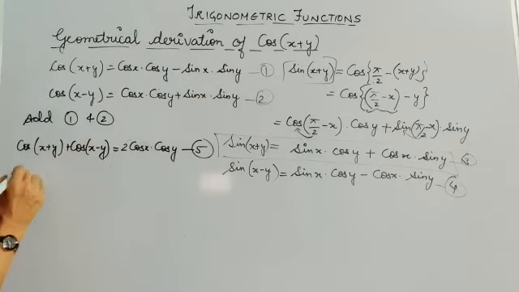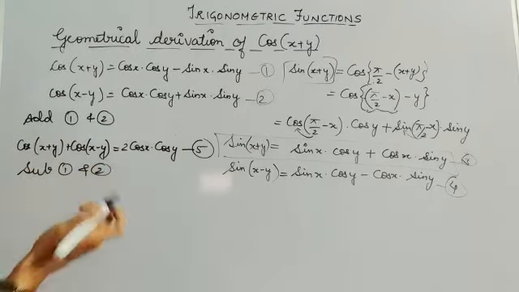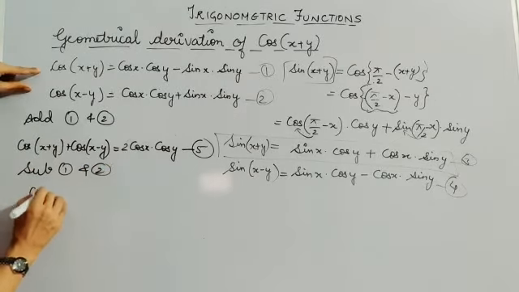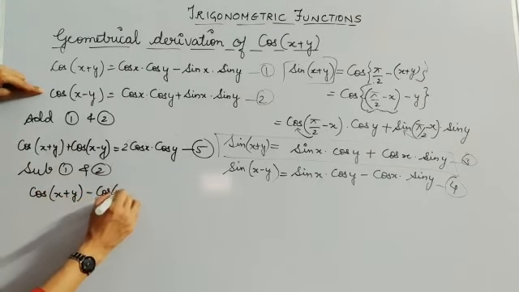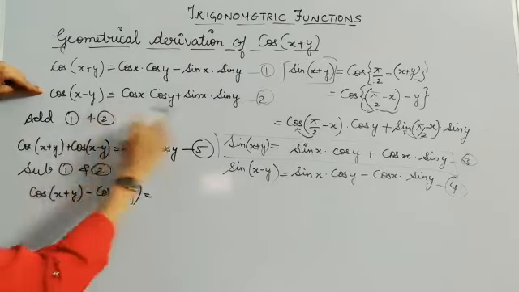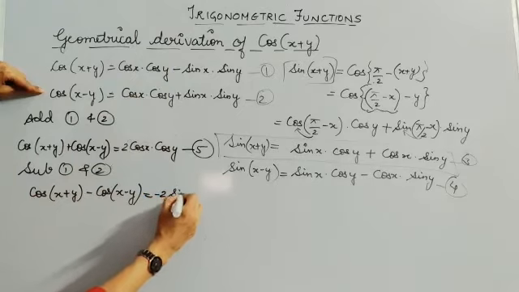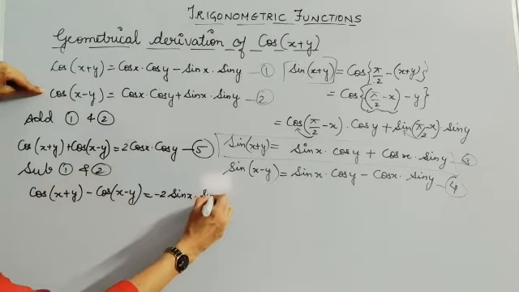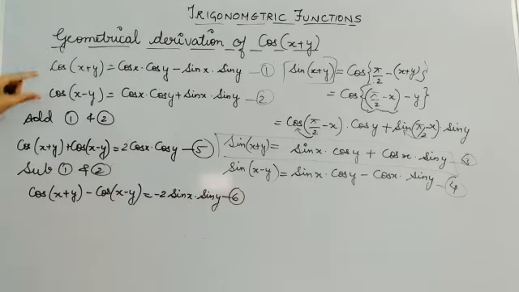Alright. Now if I subtract 1 and 2, then I will again get one more formula. Let's subtract them. This is cos(x plus y) minus cos(x minus y) equals, when I subtract, the cos terms will get cancelled, and here I will get minus 2 sine x into sine y. So this is another formula which we have derived from these 2 formulae only.